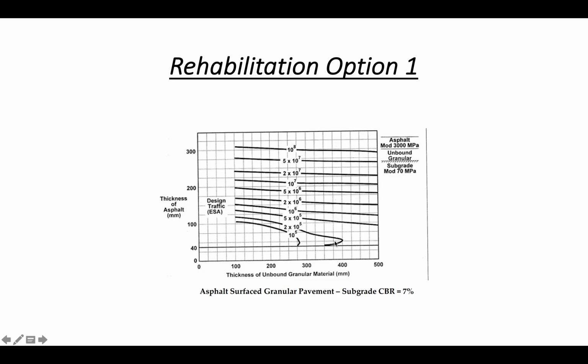So if we go from here to here, this comes down to this point, which is between these two traffic loads. This satisfies both the minimum requirement of this figure and also the upward figure of 4 multiplied by 10 to the power 6 equivalent standard axle.